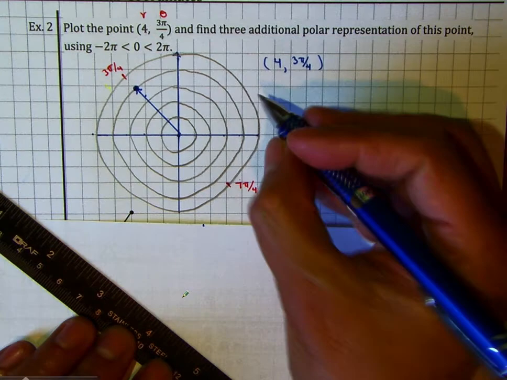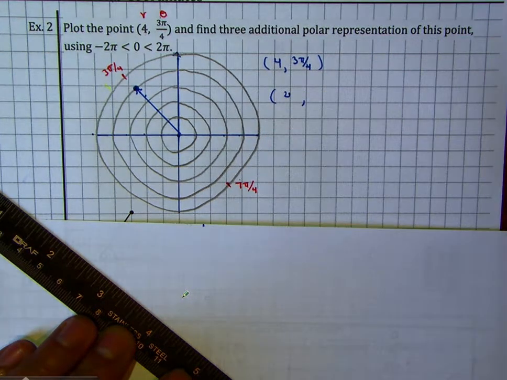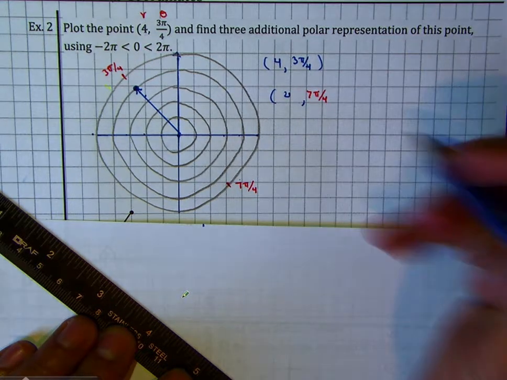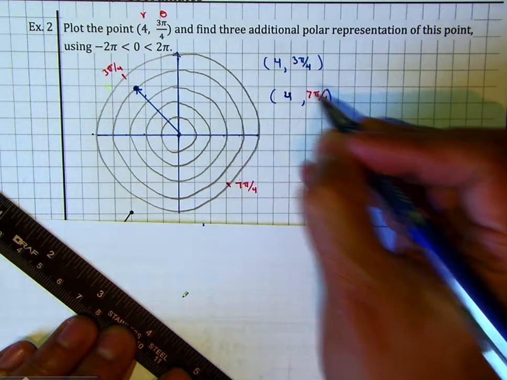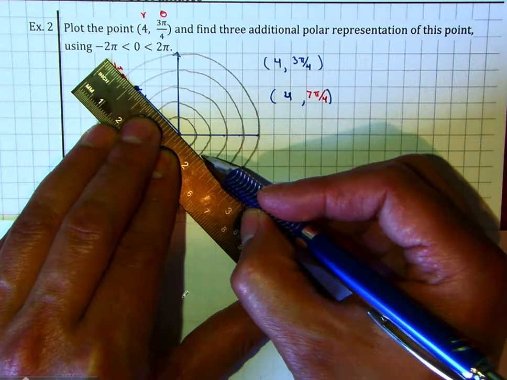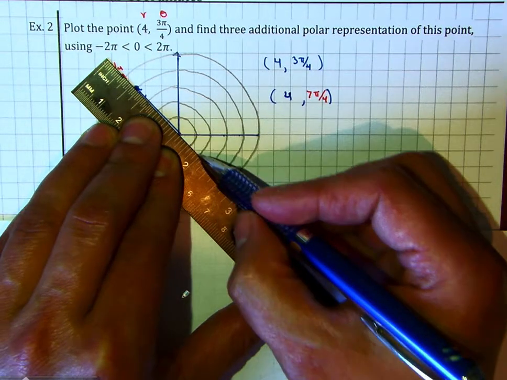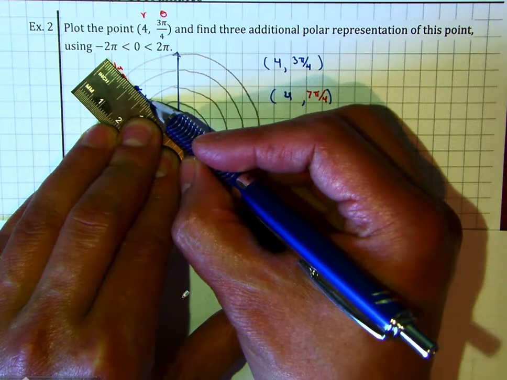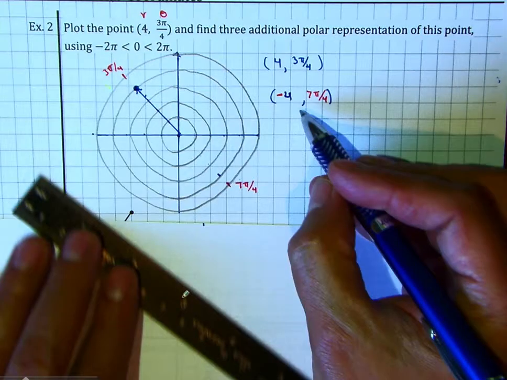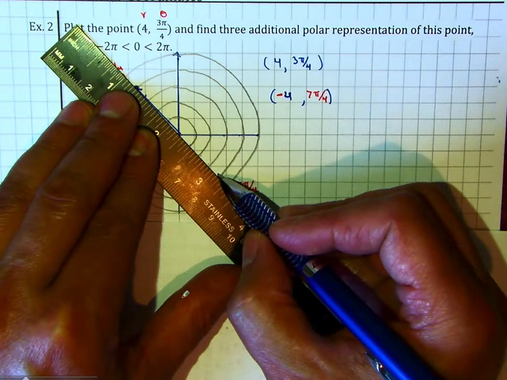So my other representation will be 7 pi over 4 and 4. Now, be careful. It's not positive 4, because if it's positive 4, 1, 2, 3, 4, it's going to go to the opposite direction, 1, 2, 3, 4. So therefore, we're going to make that a negative. So your angle is 7 pi over 4, but instead of going forward, you're going to go backwards.